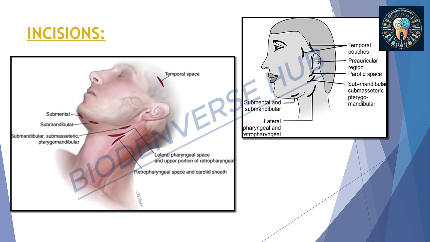Then we have the retromandibular, lateral pharyngeal, and the temporal incision regions as well. In the other diagram, we can see the preauricular incision as well, then the parotid space incision, and the rest of the incisions, that is the submasseteric and pterygomandibular incisions, are also being shown.